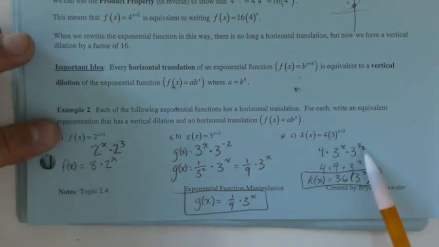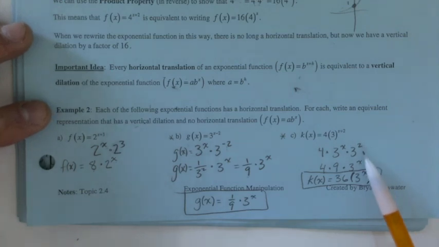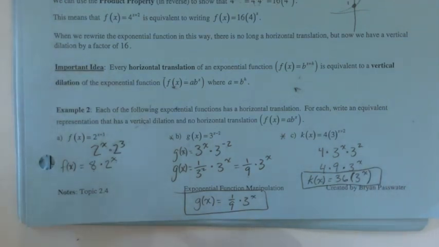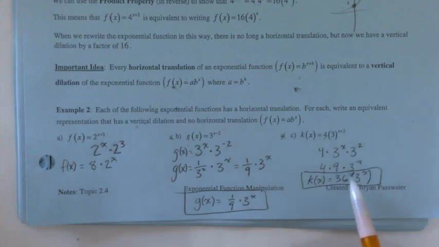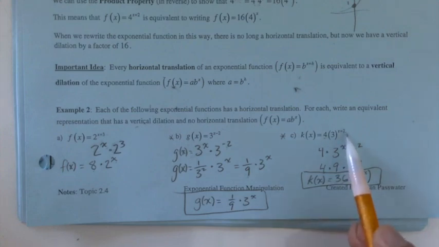When I factored out the 3 squared, that became 9. 9 times 4 gave me 36. So this one here already had an initial value of 4 at the y-intercept, which now, because of that 2, became 36, because we shifted it 2 to the left, making it a larger value.